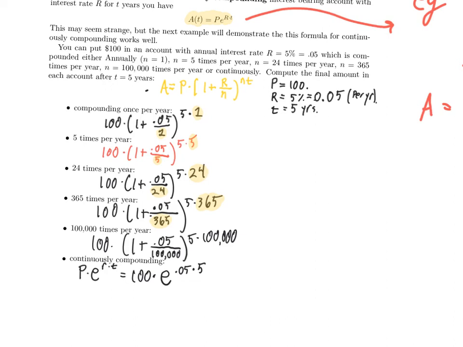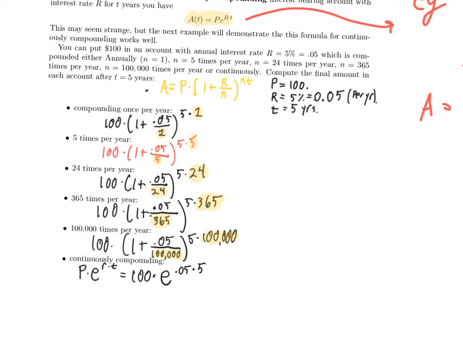So if we compound once annually, we get 100 times 1 plus 0.05, the rate, divided by 1, n, raised to the power 5 times 1. And in these successive times, the highlighted 1 is just being replaced by 5 when n is equal to 5, by 24 when n is equal to 24, by 365 when n is equal to 365, by 100,000 when n is equal to 100,000. And then we continuously compound in the last instance.